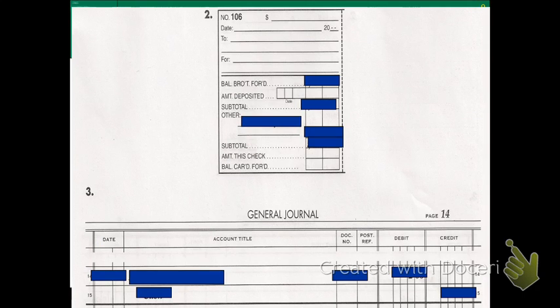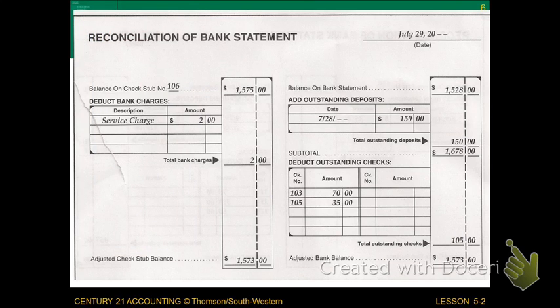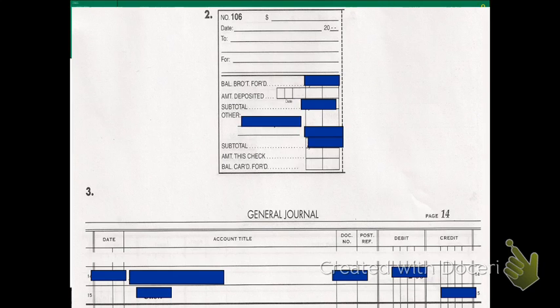So now looking at our Work Together in the textbook, we see that it says to record the service charge on check stub number 106. So the service charge that we had in the Work Together was $2. Our balance brought forward, we had to go back. You can see in the upper left column our balance on the check stub for 106 is $1,575. So balance brought forward, that's where the $1,575 will go.